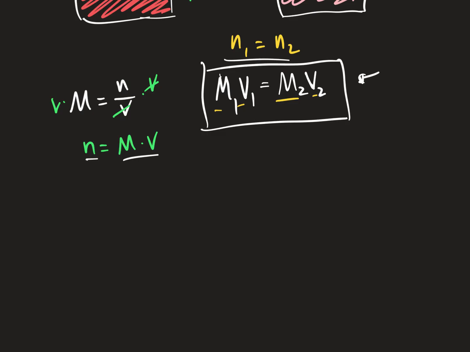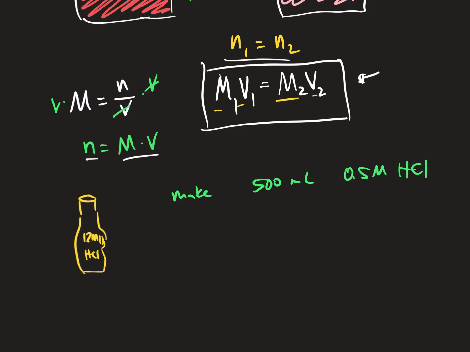Okay? So let's say we have our 12 molar concentration of hydrochloric acid, and we want to make 500 milliliters of 0.5 molar concentration of hydrochloric acid.